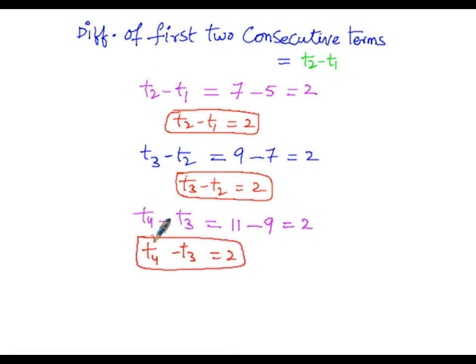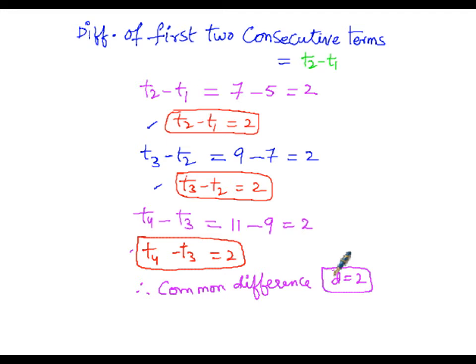By observing these three cases, we got the difference of the first two consecutive terms as 2, the difference of the next two consecutive terms is 2, and the difference of the last two terms is also 2. The difference is common throughout the series. Therefore, it is called the common difference, generally denoted by D, equal to 2.